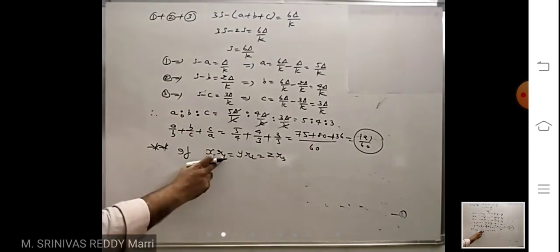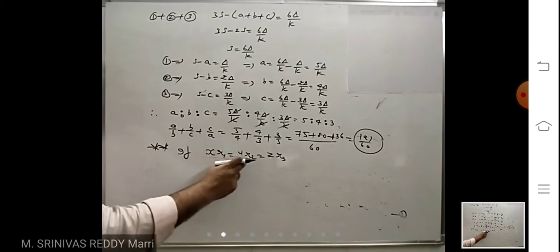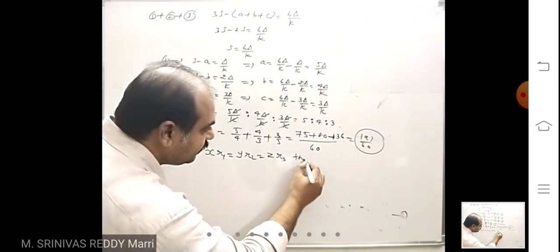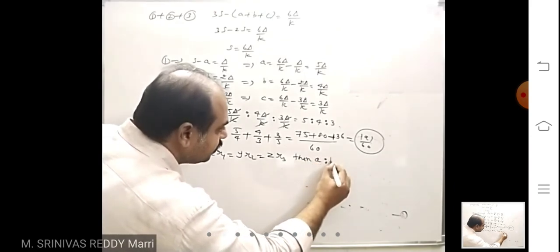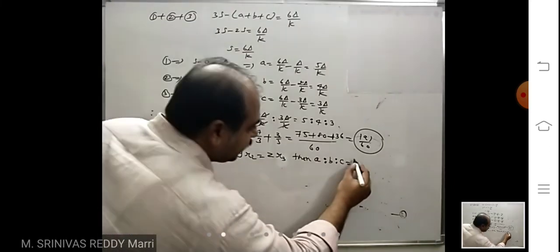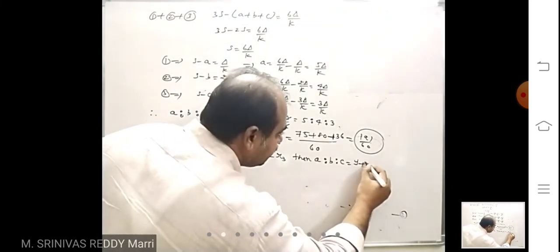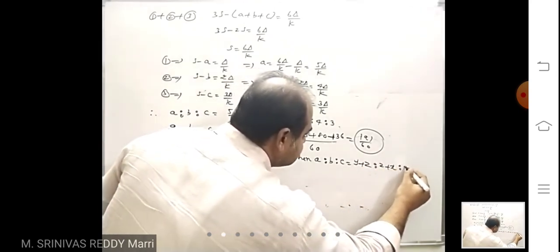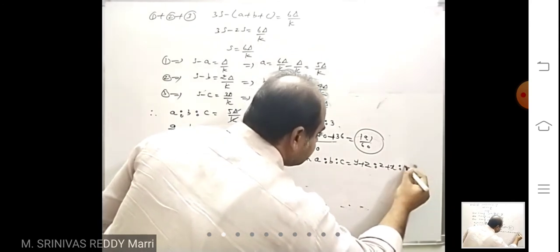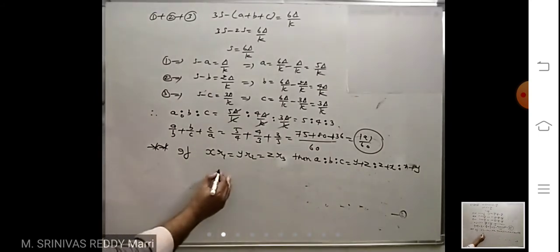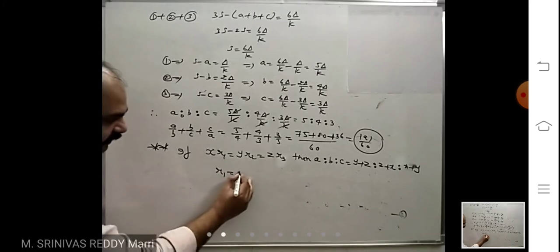That means R1 has the constant X before it, R2 has the constant Y, R3 has the constant Z. Then the shortcut is A is to B is to C is nothing but Y plus Z is to Z plus X is to X plus Y. This is the formula, right? So now for the particular problem I have given, what I have given?